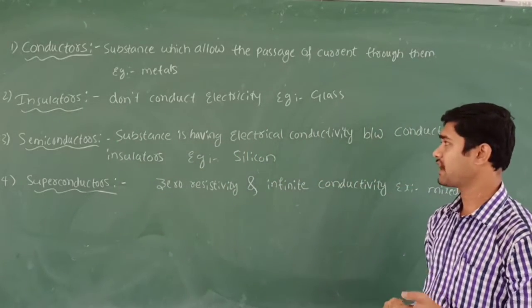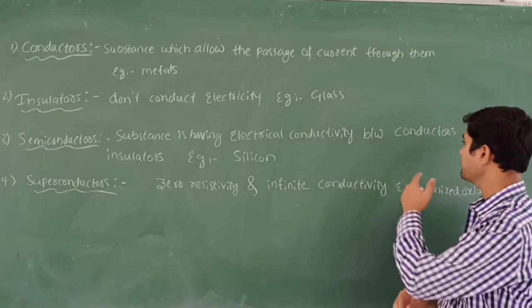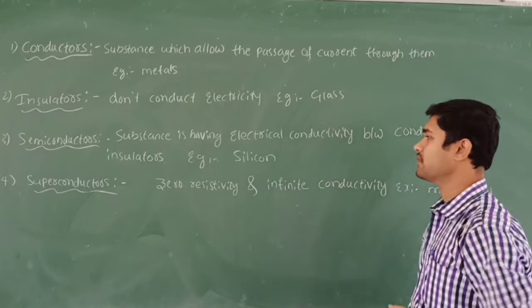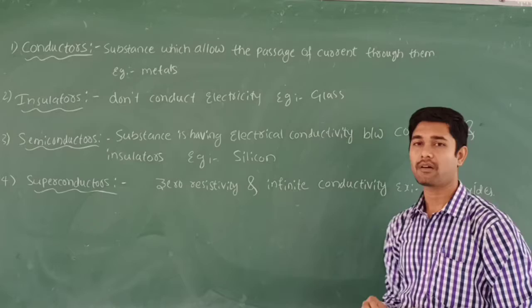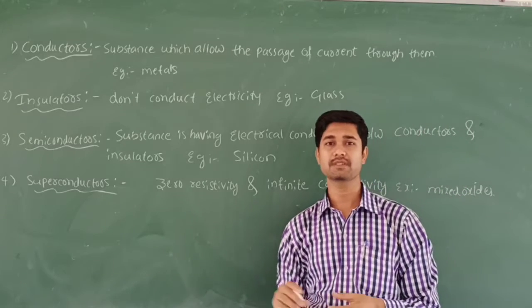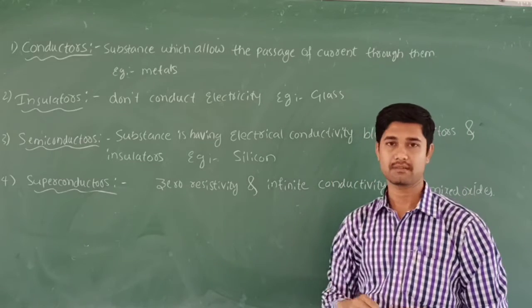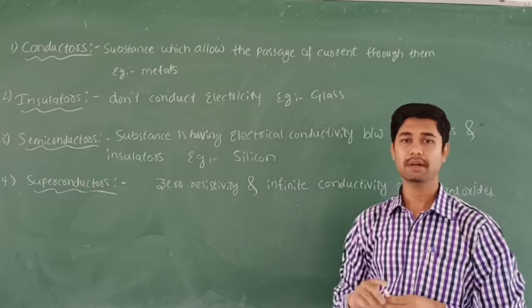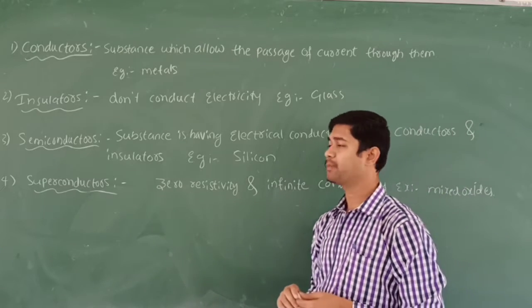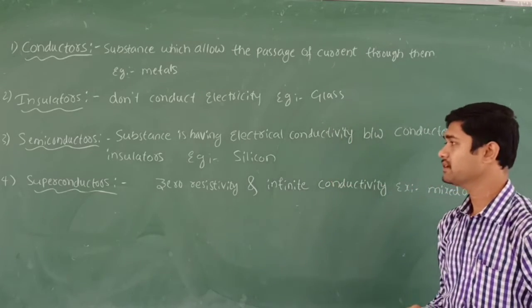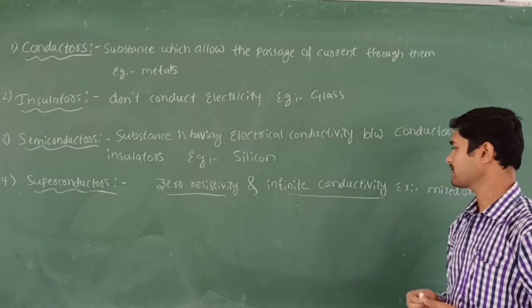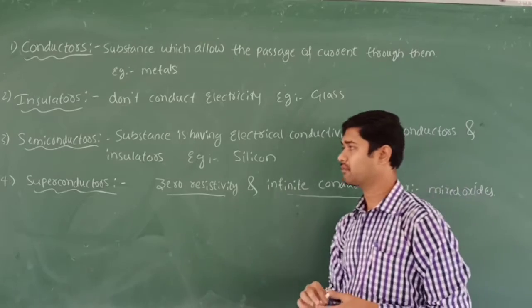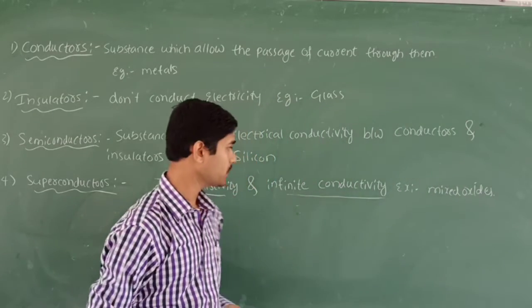A substance having electrical conductivity between that of conductors and insulators we call a semiconductor. Examples: silicon and germanium. These act as semiconductors when you dope them with some other metals. The last one is superconductors. A superconductor has zero resistivity and infinite conductivity. Those materials we call superconductors.